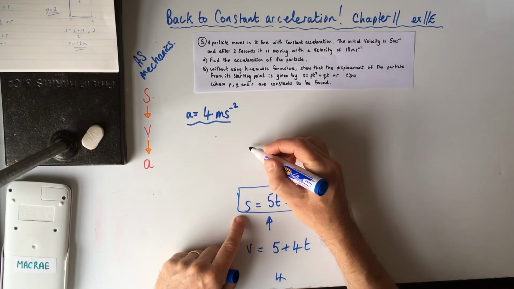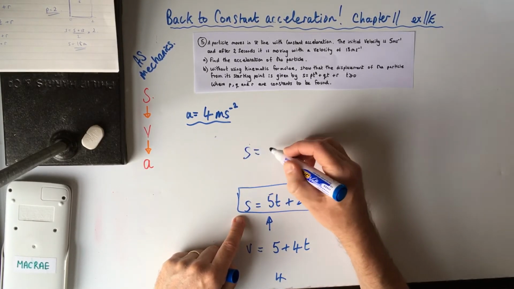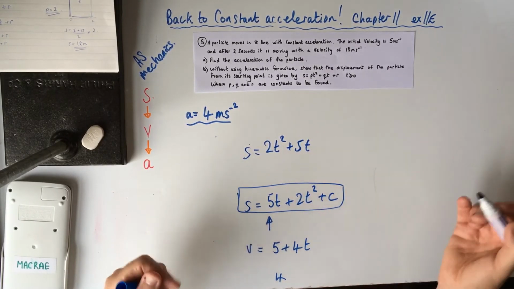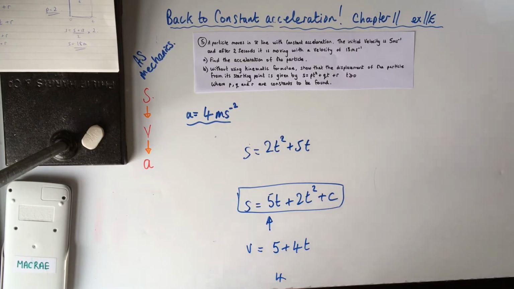So we get s is equal to 2t squared plus 5t plus 0. So that's just from integrating from your acceleration of 4. Now it says, I did this in different ways, I did drawing a little diagram as well.